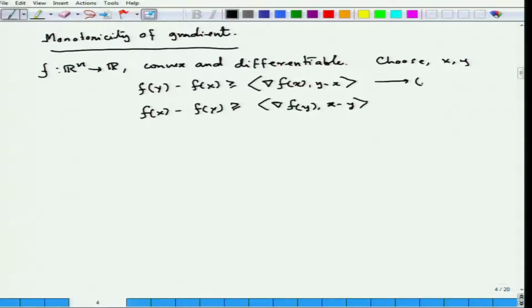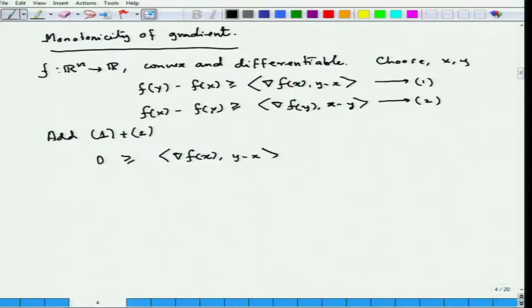So, if I call this inequality 1 and this inequality 2, and I add up 1 plus 2, what I get is 0 is greater than or equal to grad of f x into y minus x plus grad of f y into x minus y.